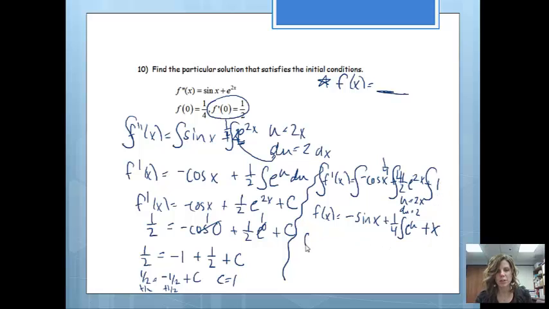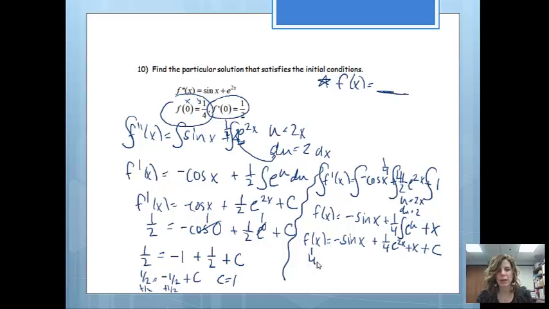So finishing this up, we've got f of x is equal to negative sine x plus 1/4 the integral of e to the u, which is just e to the u, so it'll be e to the 2x, plus x plus c. And now we still have to use the information that they gave us to actually find c. We know that when x equals 0, y will be 1/4.